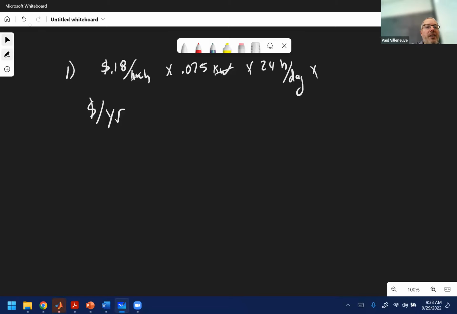And then that's allowing me to cancel out my hours, but now I have dollars per day. I need dollars per year. So then I multiply by 365 days per year. And then I'm only left with the units of dollars per year, not dollars per hour. You can do cents or dollars. It doesn't matter. It's the same thing, right? You just divide by 100 or multiply by 100.